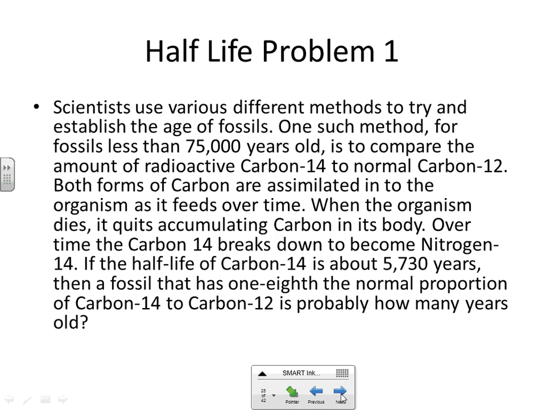It goes down. Because carbon-14, as it decays, as it goes through radiation, what does it become? It becomes nitrogen, which isn't what? Radioactive. So the amount of radiation in you the longer you're dead goes down. The amount of radiation you're giving off. And it turns out it does that in a fairly predictable rate.